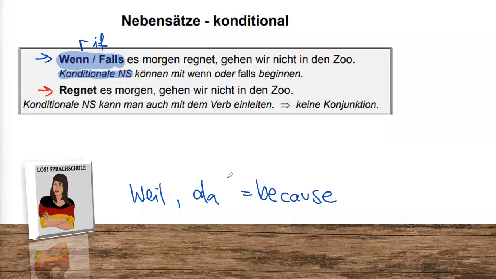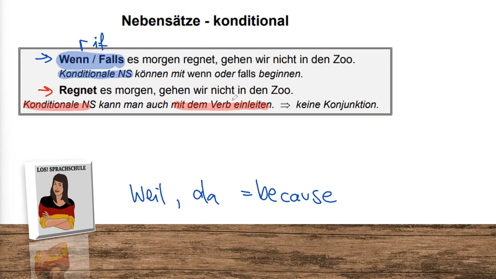Just because we don't have the connection word here in the beginning, it doesn't mean that this is something else. It is still a conditional sentence, konditionaler Nebensatz. We can also put the verb in the beginning and therefore start it with a verb instead of a conjunction.